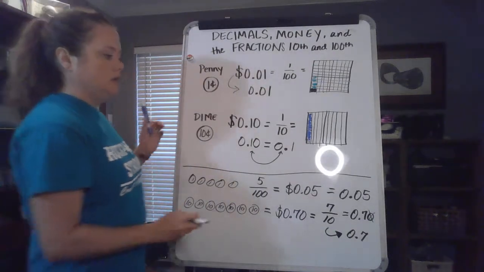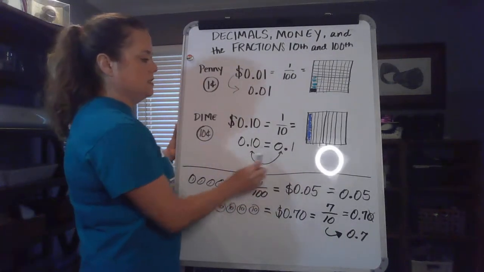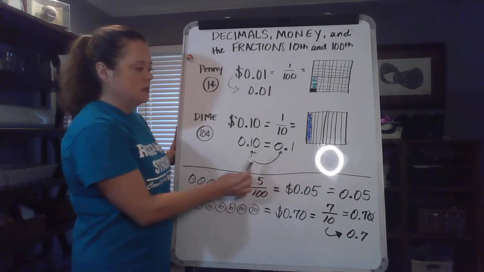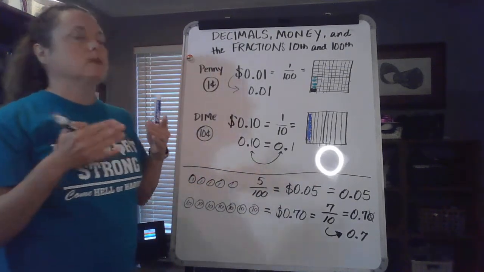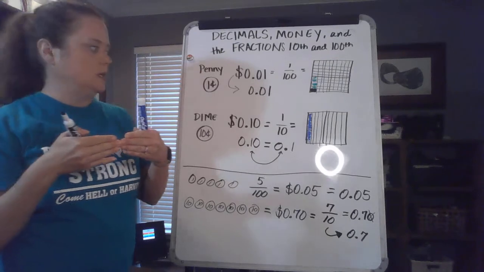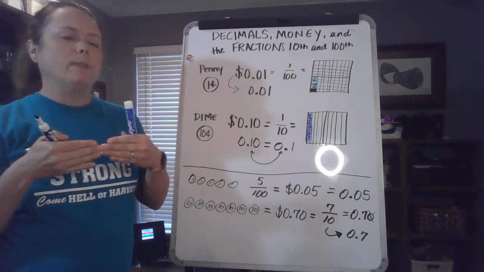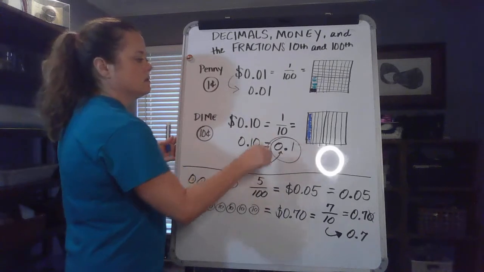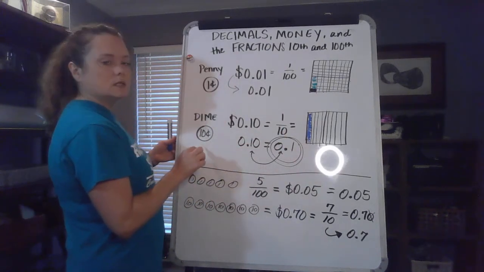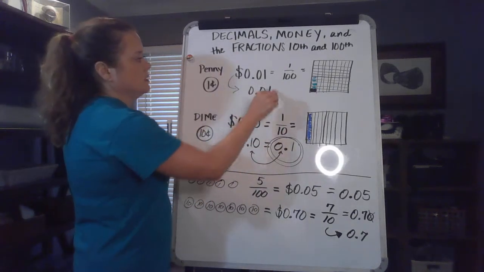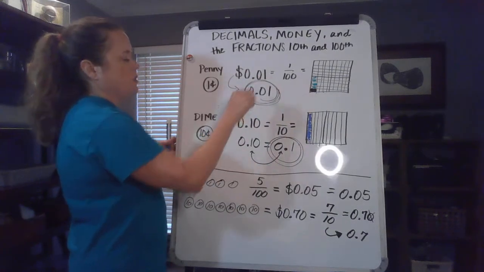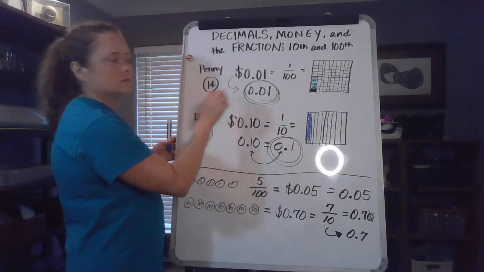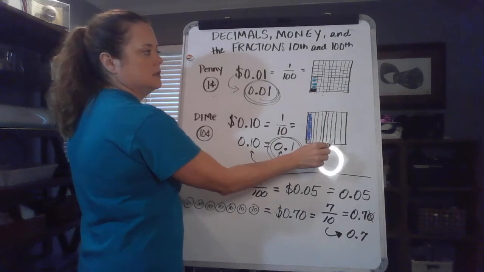Although these are equal to each other, they're not the same thing. They represent something different. This represents tenths. This represents hundredths.